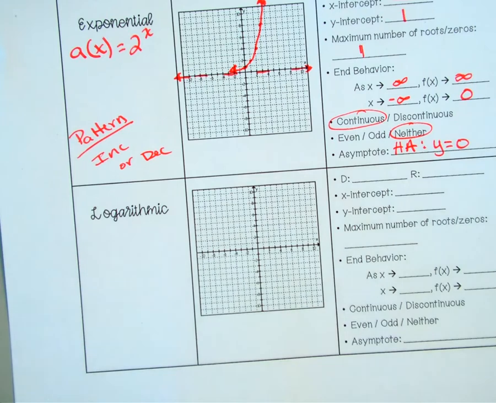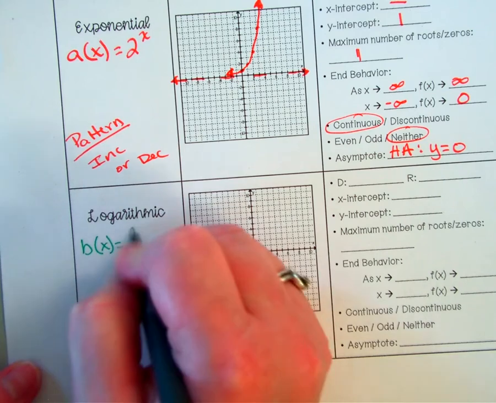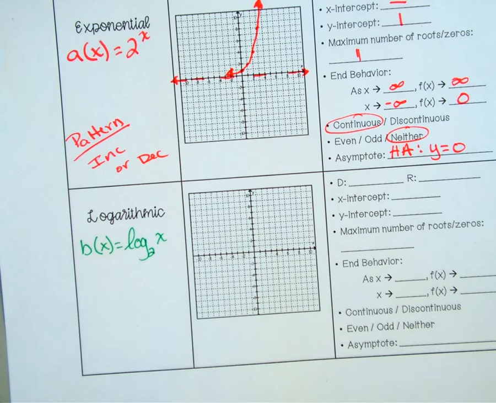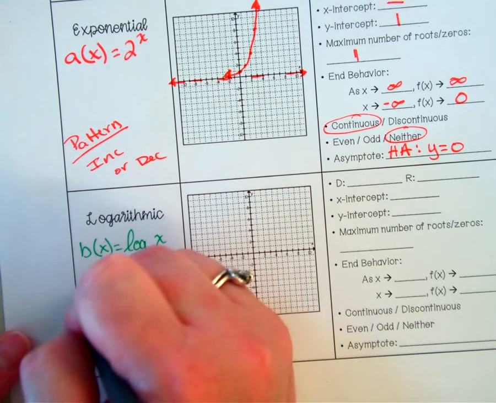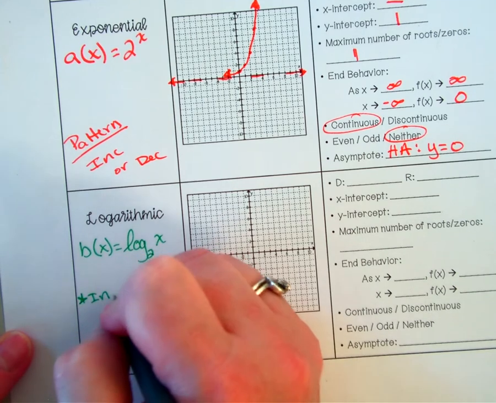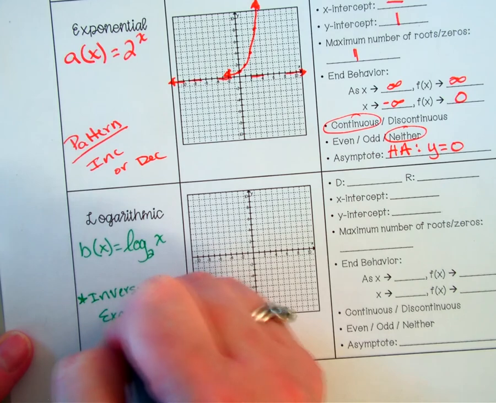And then our last one, logarithmic graph. We will talk about this more later as well. B of x equals log base 2 of x.